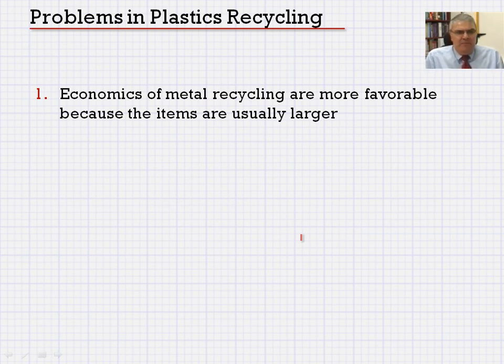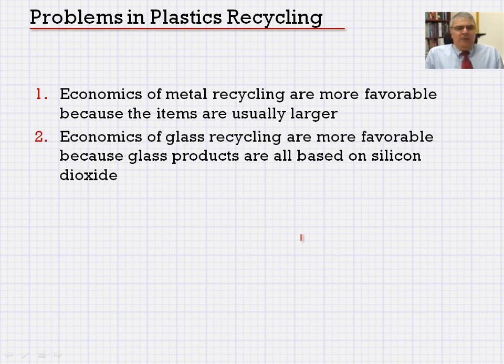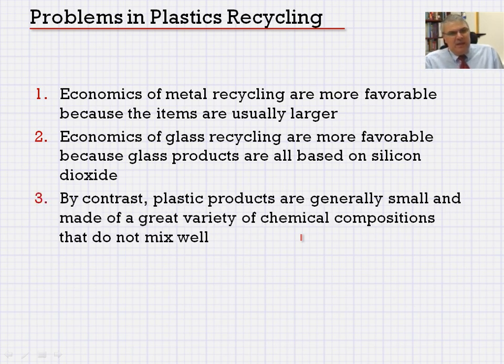Again, recap some of the problems in plastic recycling. Economics of metal recycling are more favorable because the items are usually larger. Economics of glass recycling are more favorable because glass products are all based on silicon dioxide. This is a nice way of actually putting some of the problems in plastic recycling.